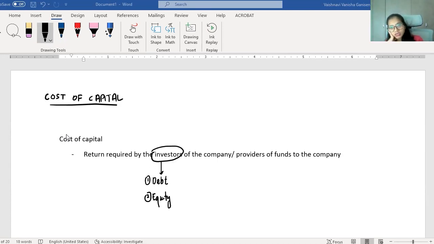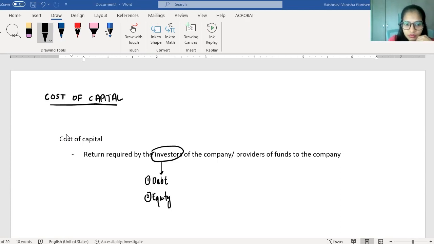Another one is, it is also the return that you expect to pay the investors as a result of investing in your company. You must remember, guys, the fact that they invest in your company gives them a right to earn return. So cost of capital is also the return that you pay for investing the funds in your organization.